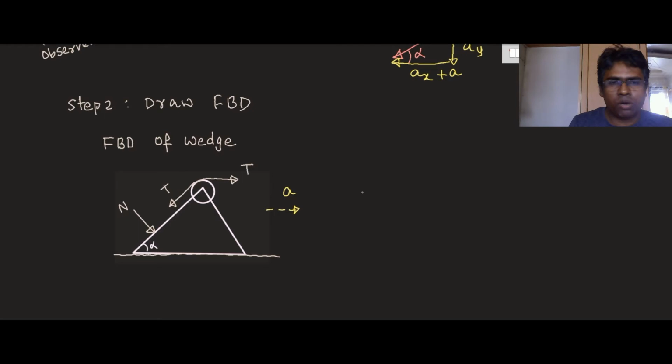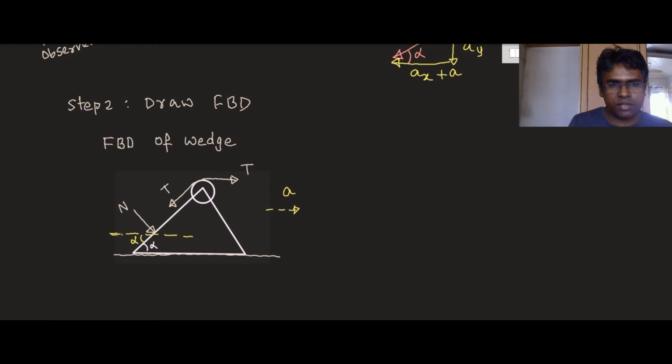Let's look at the normal reaction coming from the block. If I take a horizontal line here, this angle is also alpha, since those are alternate angles. If I take this dashed line and the horizontal as parallel lines, and this is 90 degrees, this is clearly 90 minus alpha.